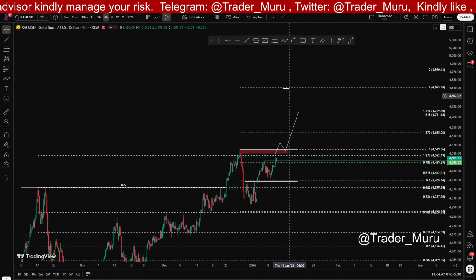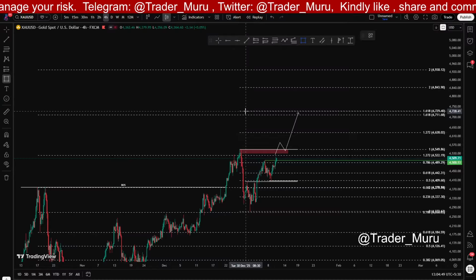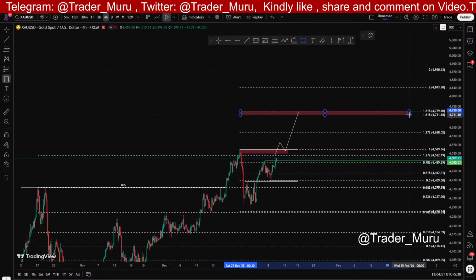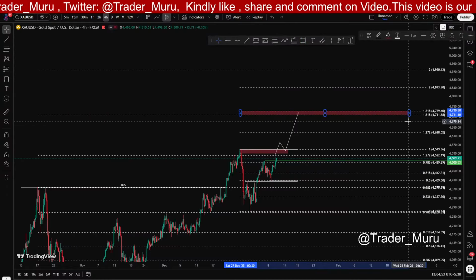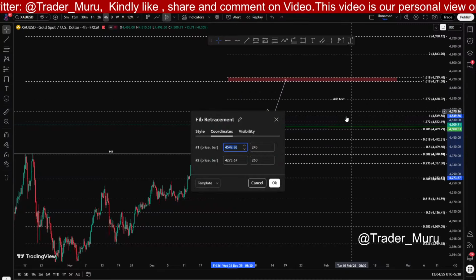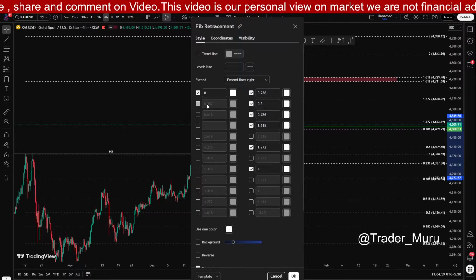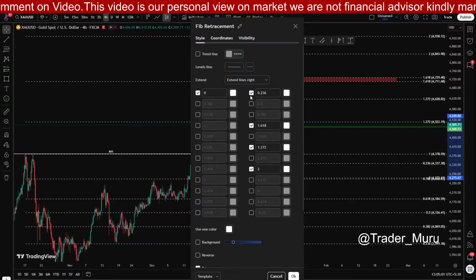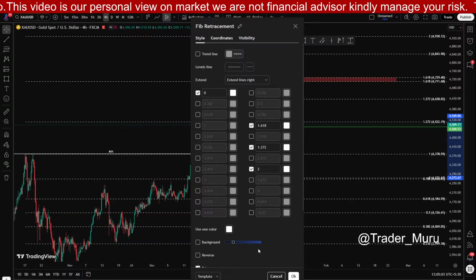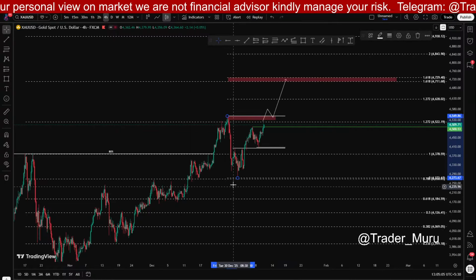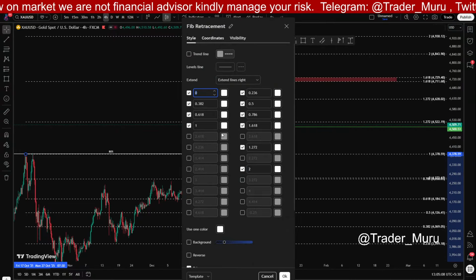We can see that price is giving us a target of 4700 on both of these waves here. Let me just clear all this. We don't need this much, and this area too.